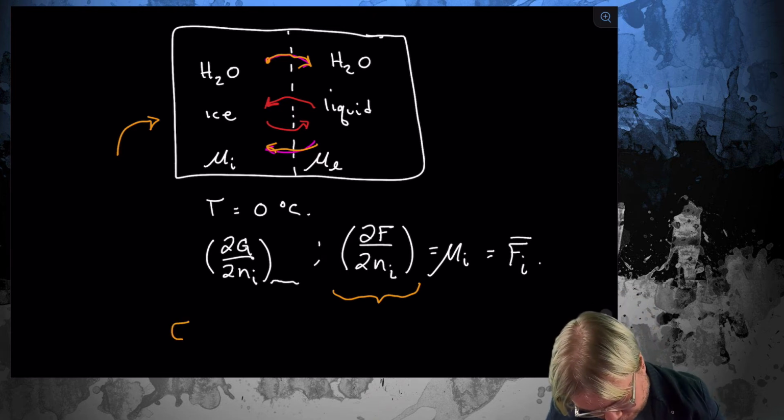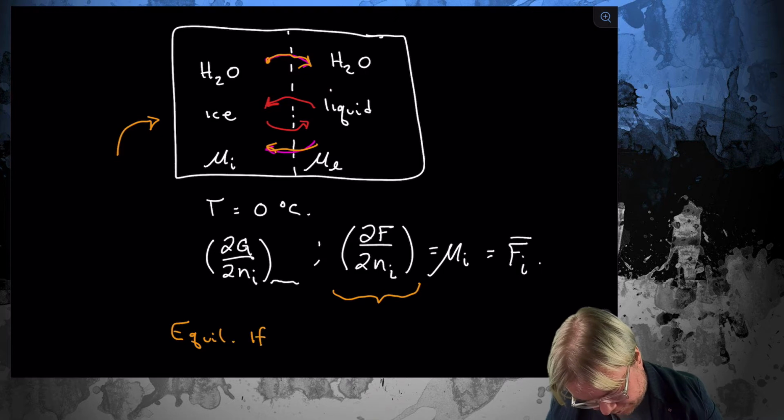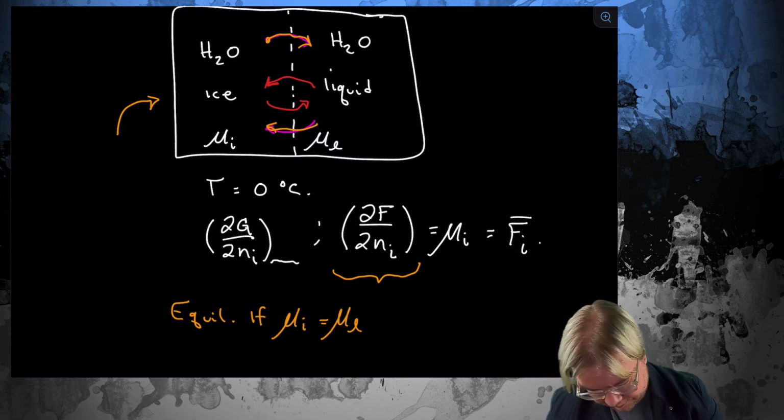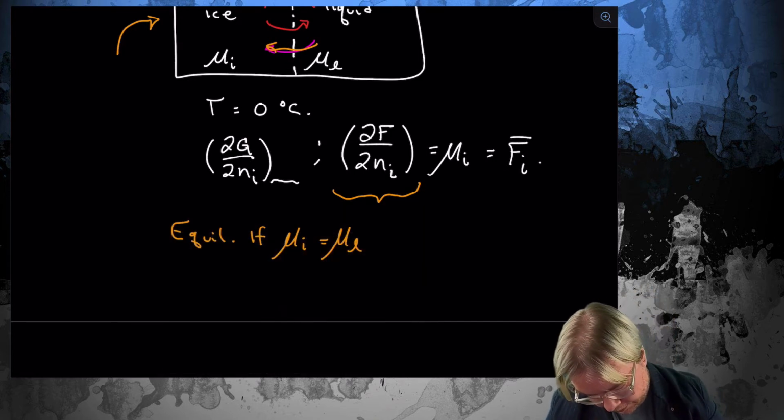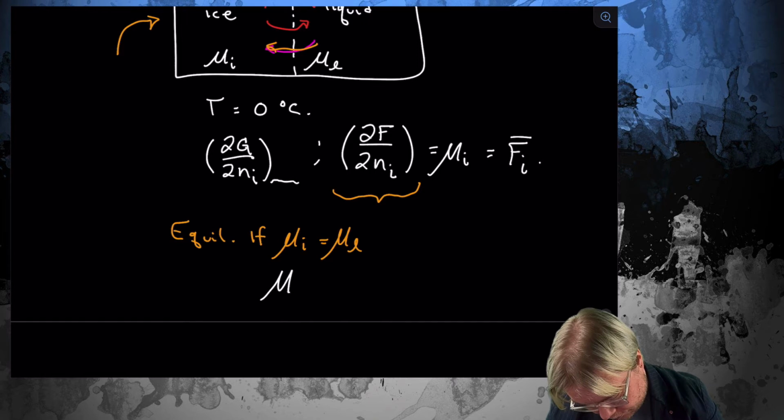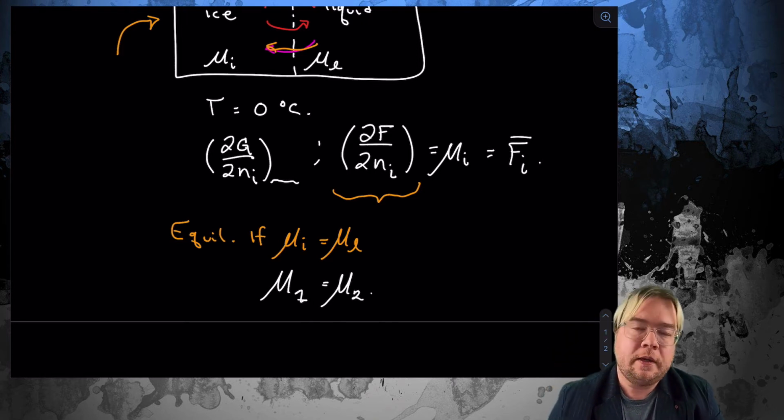So you get equilibrium if the chemical potential of the one phase is equal to the chemical potential of the other phase. I have ice and liquid as my subscripts here, but maybe a better way to say it is if mu1 is equal to mu2.